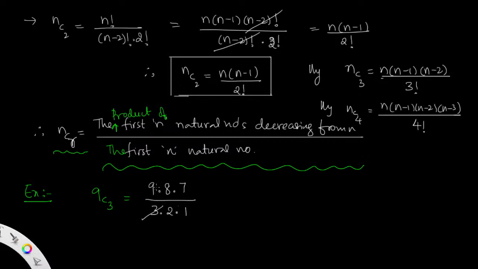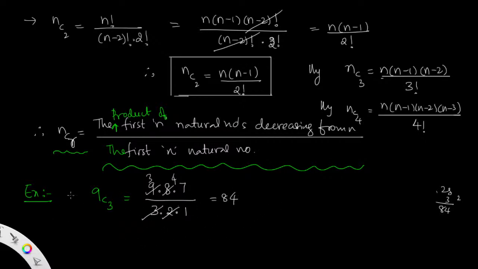Now the cancellation, then you get 3 into 4, and next the value is 28 into 3, 84. So the value of 9C3 is 84.